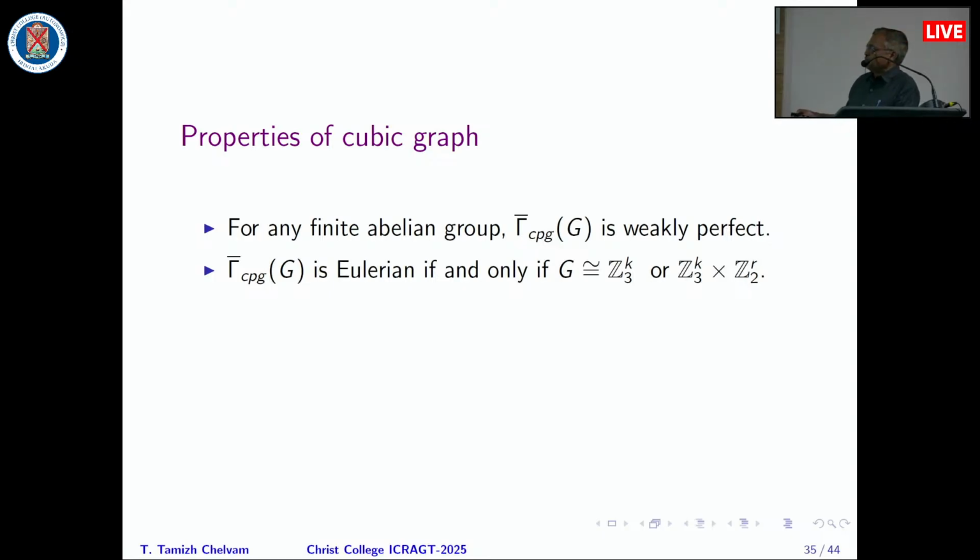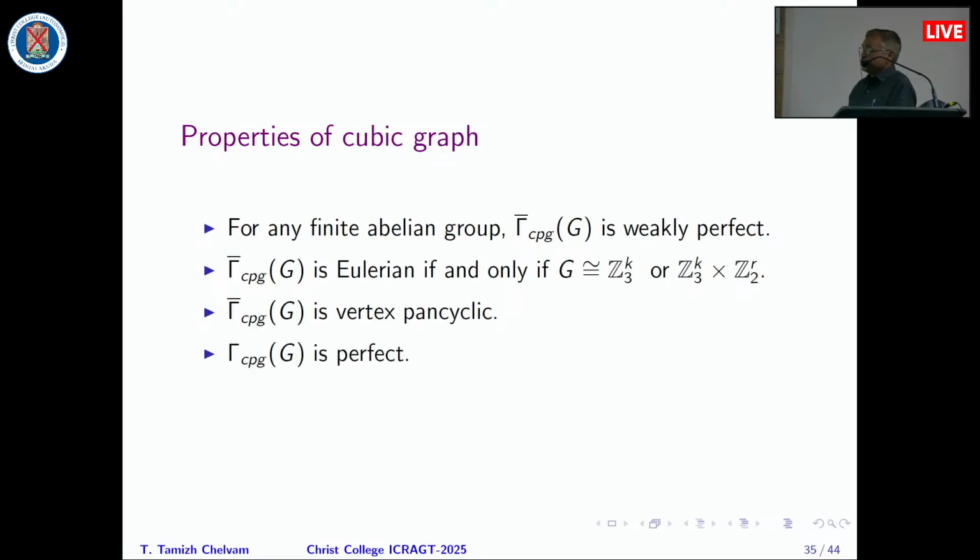The complement of this G is Eulerian if and only if G is isomorphic to Z3 to the power K, or Z3 to the power K times Z2 to the power R. So the complement of the cubic graph is Eulerian if and only if in the direct product of the finite abelian group, the components are either Z3 or Z3 and Z2. So that is the case, and it is vertex pancyclic. It is perfect because it is weakly perfect, both the graphs are weakly perfect.